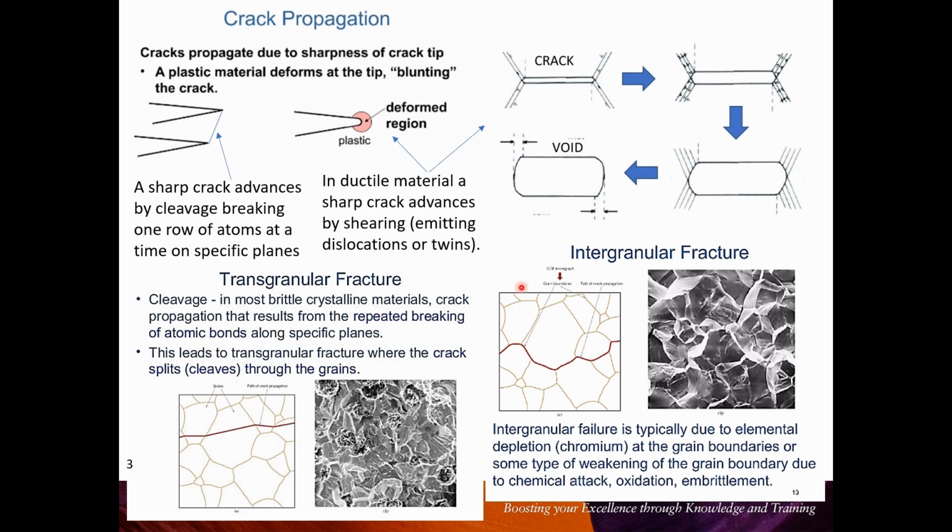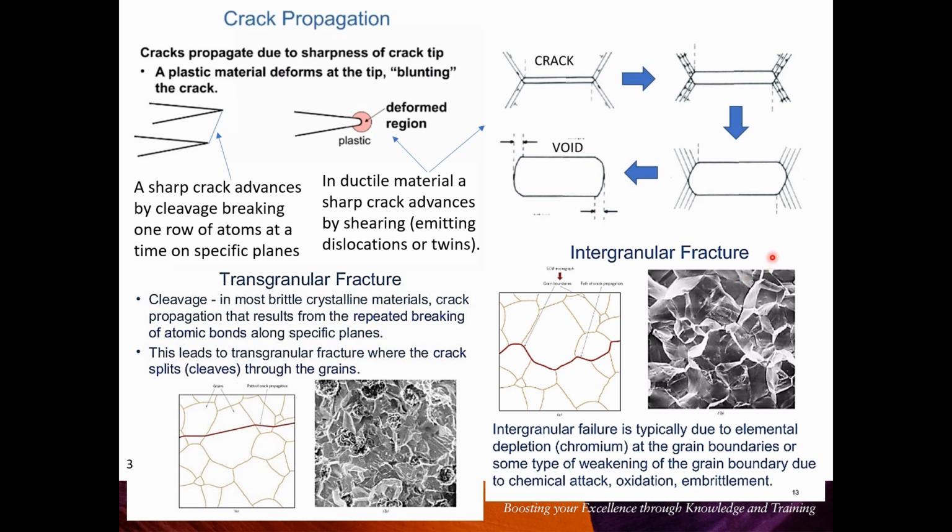This slide just shows some typical fracture surfaces as well, and I'll be getting into that throughout this presentation, because there's basically two ways in which cracks can propagate through the material. One is in a transgranular manner. This can be ductile, cup and cone kind of failure, but it can also be in a brittle or semi-brittle fashion. And I'll be discussing that.